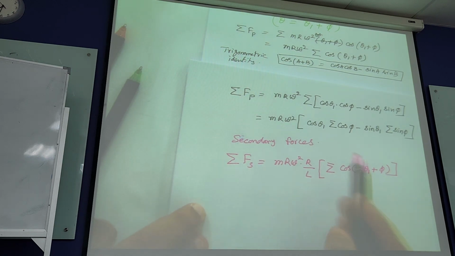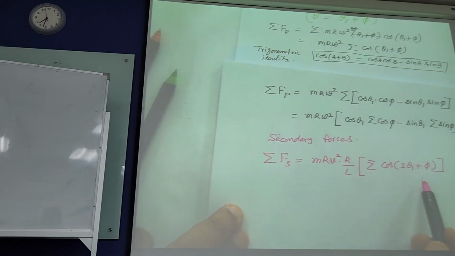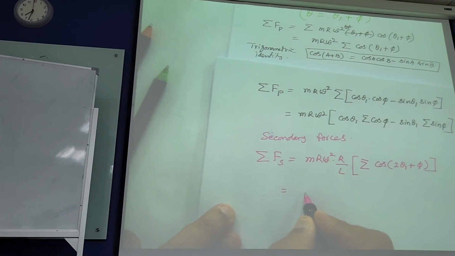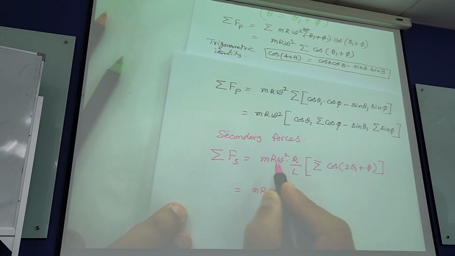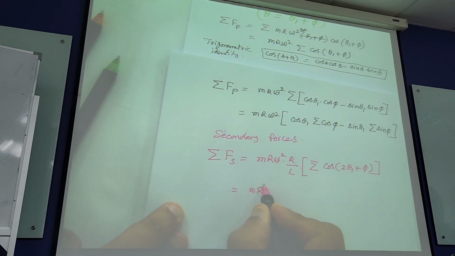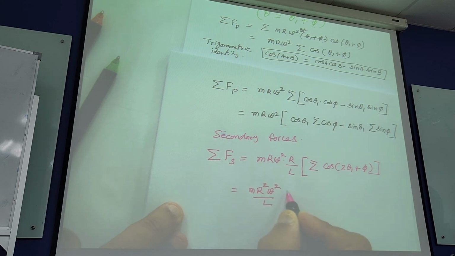We can expand it the same way, cos(A plus B) as cos A cos B minus sin A sin B. Multiplying r and r, I can write m r square omega square over L. Cosine 2 theta 1 I can take out of the summation, and then I write cos 2 phi.